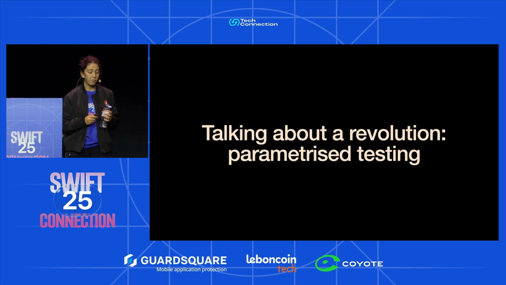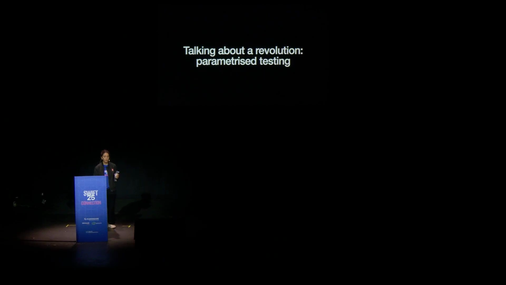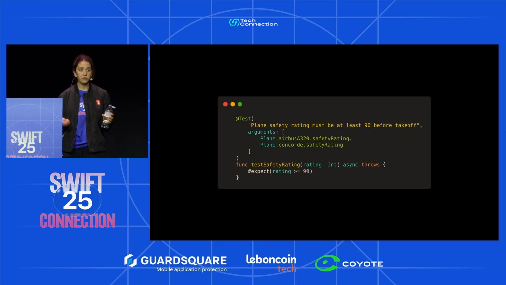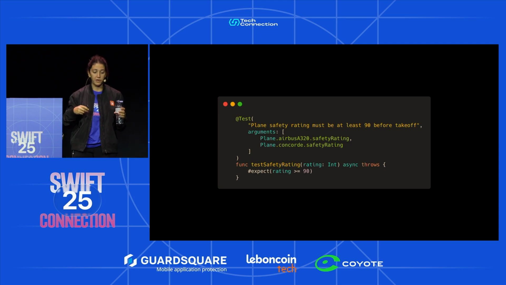And then another super important revolution that was introduced by Swift testing is parameterized testing. Parameterized testing is super powerful. I don't know if you have this experience, but when I would write XCTest, I would spend a lot of time cramming in like a dozen different tests with the exact same logic, just passing in different inputs.